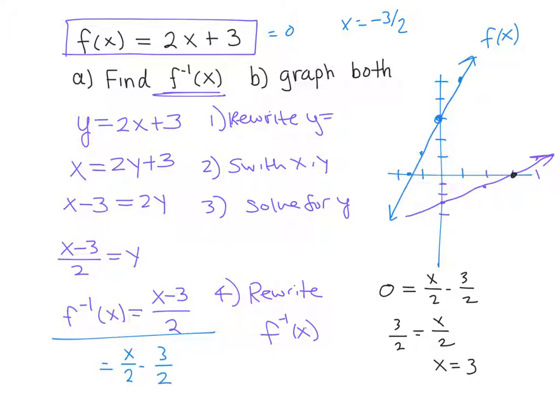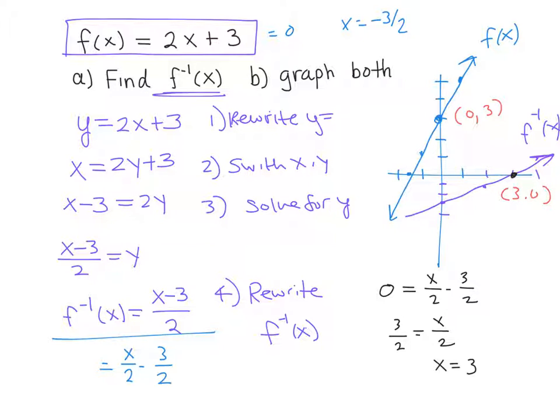Alright, now let's compare the coordinates on here. In the original graph, we had 0 and 3. On the inverse function, which is in purple, let's label this inverse function. The coordinate of 0 and 3 became 3 and 0, right?